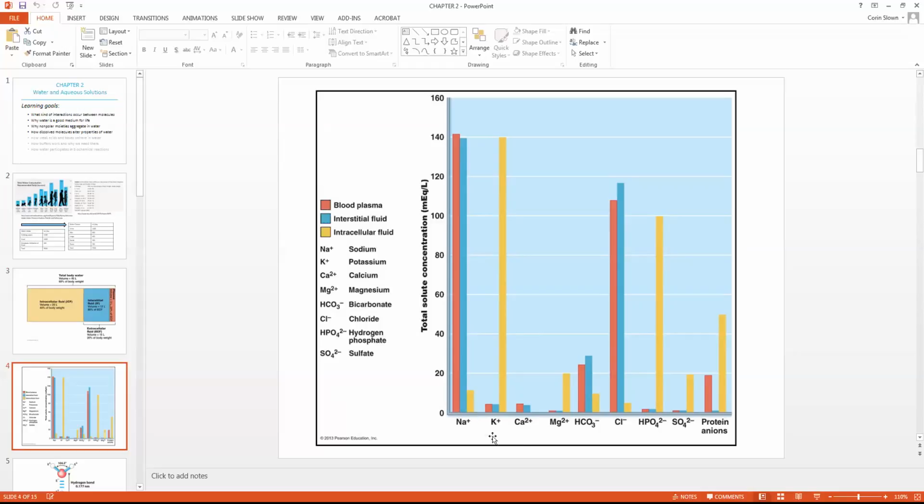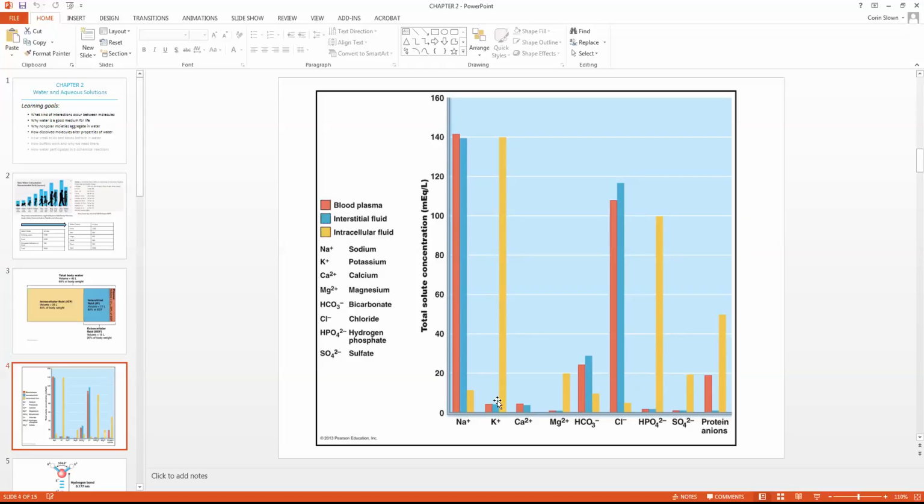However, if we contrast that with potassium, we have a whole lot of potassium in the intracellular fluid, but very little of that potassium in the extracellular fluid. You can go down and take a look at each of these cations and anions. And you can start to think about, well, why might it be necessary that you have a significant amount in your intracellular versus maybe not so much in your extracellular?